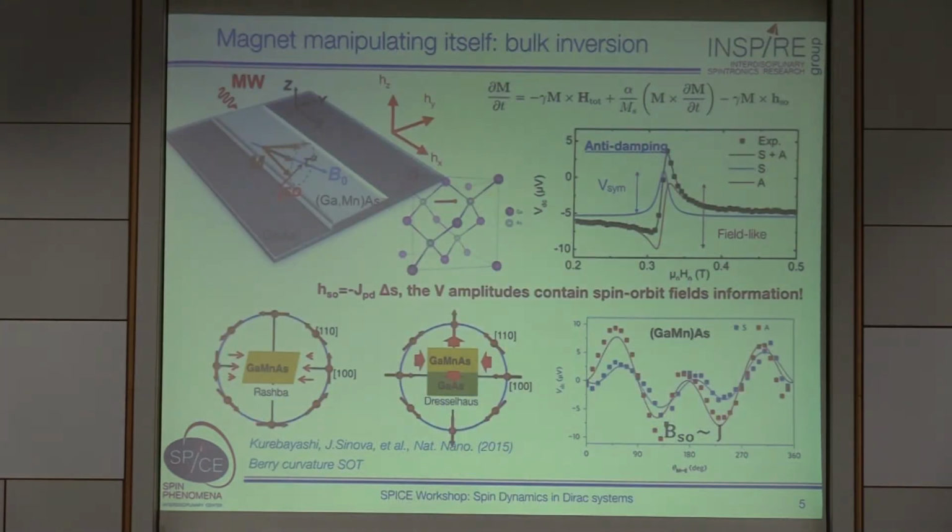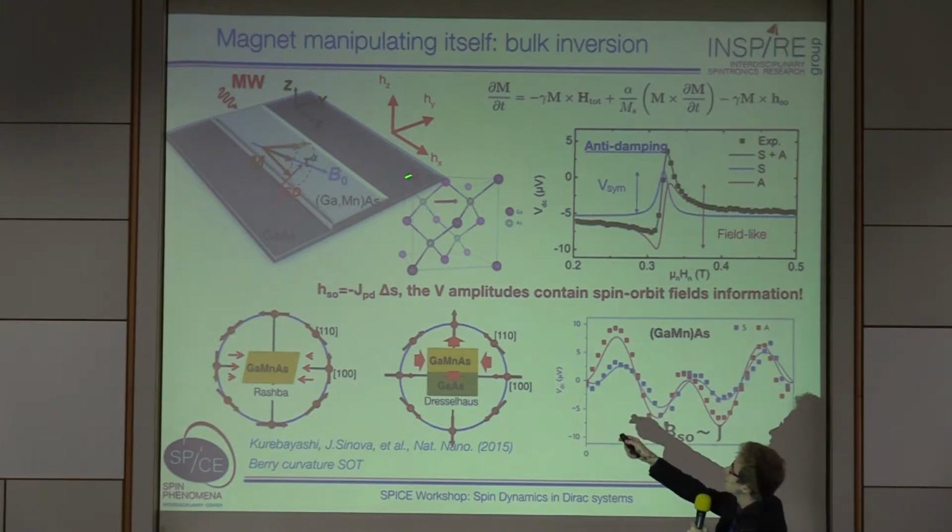Then the work of Jairo and Tomáš has shown that in systems where you have bulk non-centrosymmetricity, for instance this gallium manganese arsenic system, in the original zinc blende lattice with the same atoms, you have the center of inversion.